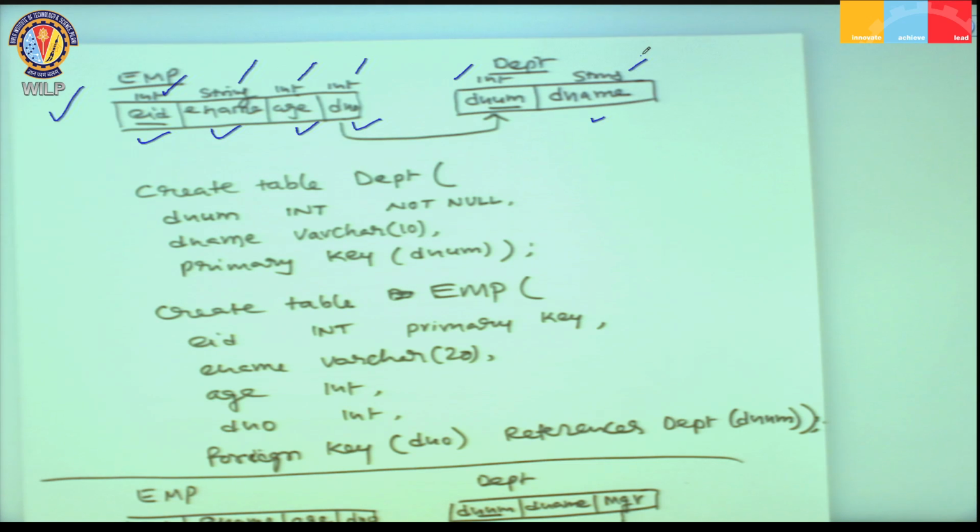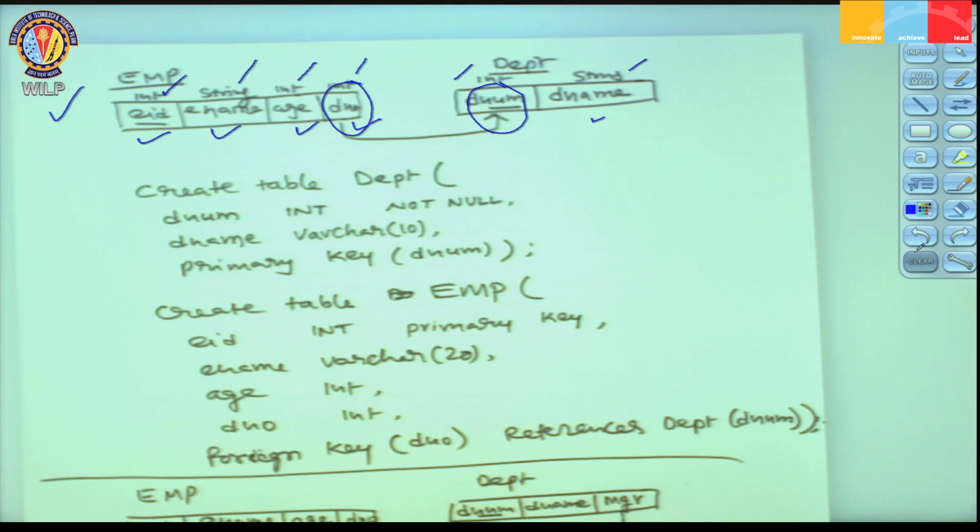Now since DNO in the employee table is a foreign key pointing to DNUM in the department table, the domain of this foreign key attribute and the reference attribute must be the same. Then only can I set this foreign key. And in this case, both are going to be integer. That is why I can specify the foreign key constraint.